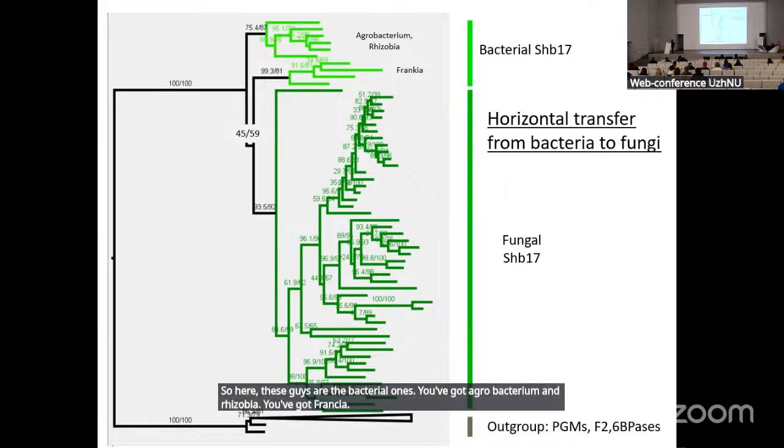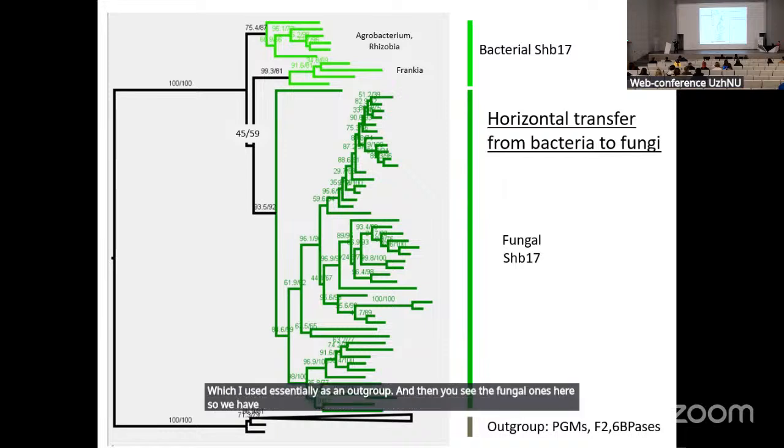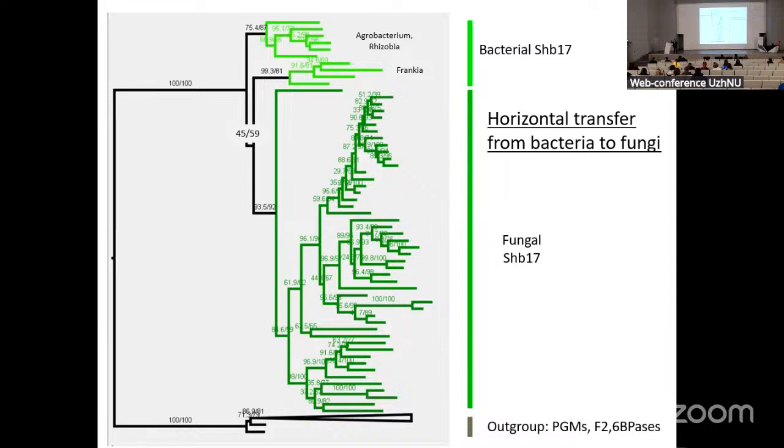This thing here is other acid phosphatases, which I used essentially as an outgroup. And then you see the fungal ones here. So we have fungal nested within bacterial, and those are then nested within other acid phosphatases, and that's consistent with a history where it first arose in bacteria and was then horizontally transferred to fungi.